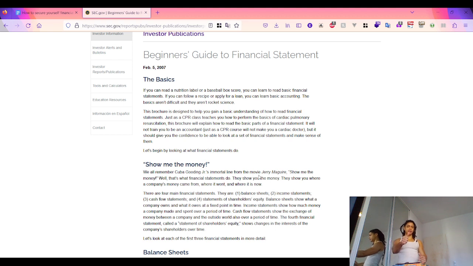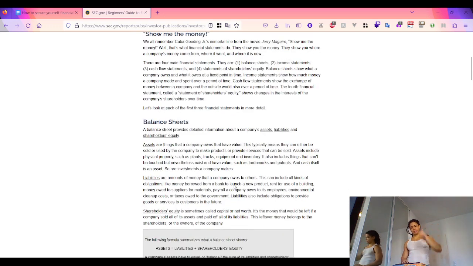The first, operating activities, reconciles the net income from the income statement to the total cash that was used or received from operating assets and liabilities.